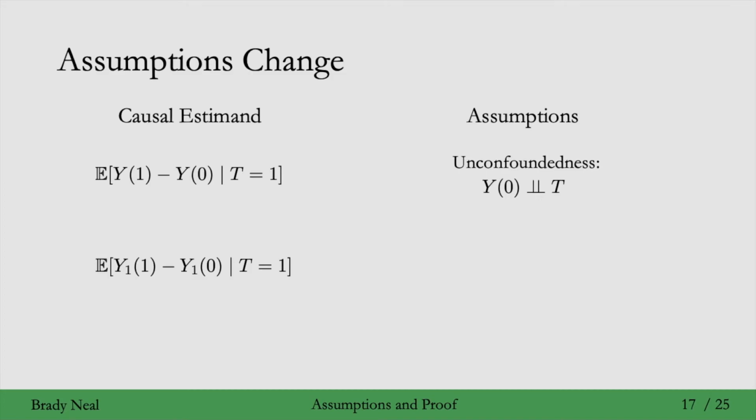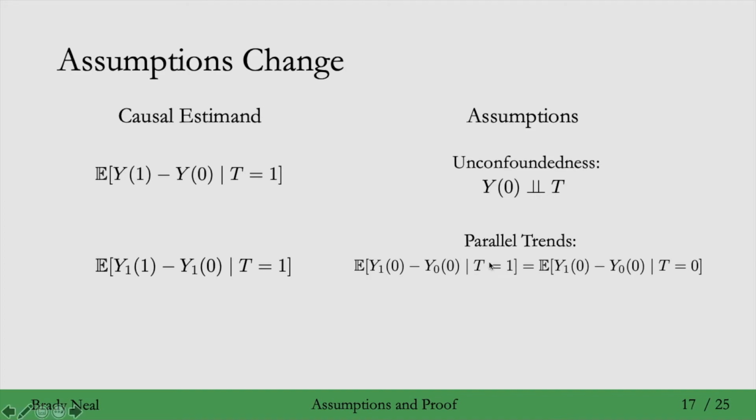And the defining assumption here is the parallel trends assumption. So this assumption is saying that this difference of the potential outcomes under no treatment, where the difference is between the potential outcome under no treatment at time 1 and under no treatment at time 0, this difference is equal in both the treated group and the control group.